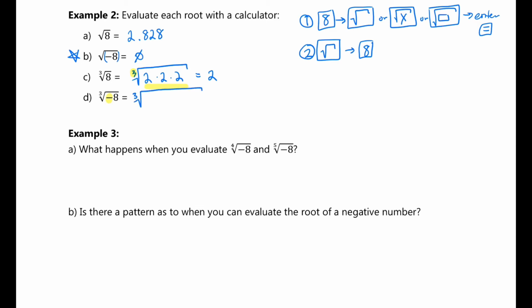I know 8 is a perfect cube, but also -2 times -2 times -2 is -8. Isn't that 3 of the same factor? So we could just take 1 out, which is equivalent to having -2.